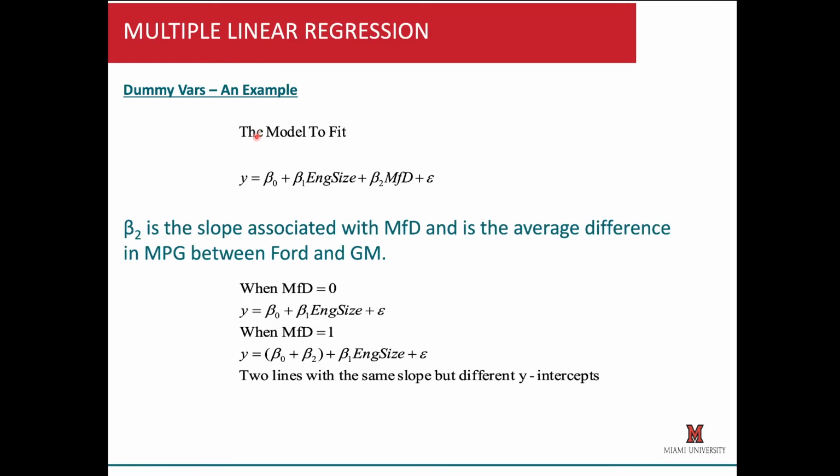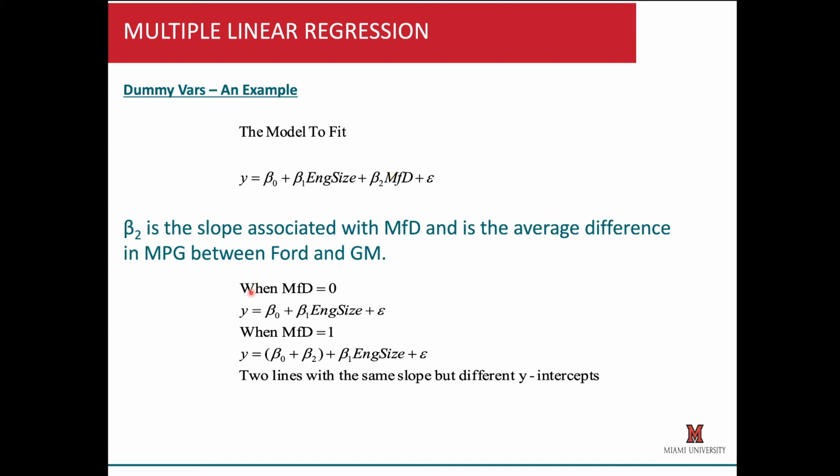So in other words, the model to fit now will be miles per gallon equals the y-intercept plus the slope for engine size plus now a slope for the dummy variable. Now, what does it mean that the dummy variable has a slope? That dummy variable can only be 0 and 1. Remember, dummy variables are binary variables that take the values of 0 and 1.